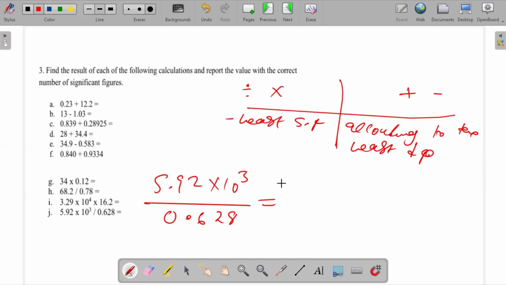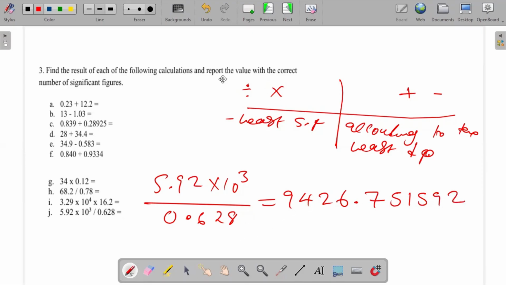It's 9426, 0.751592. Okay, so this is the number we're getting.